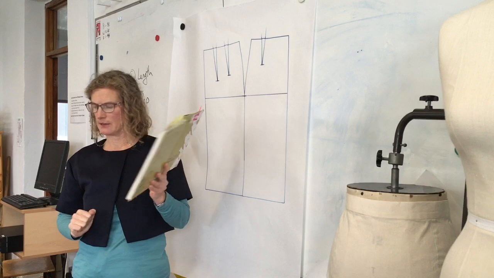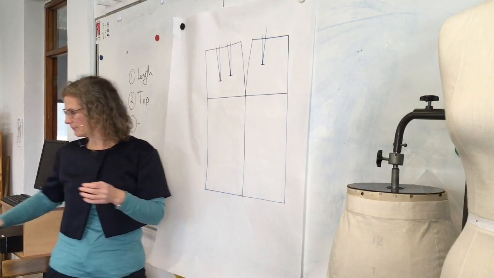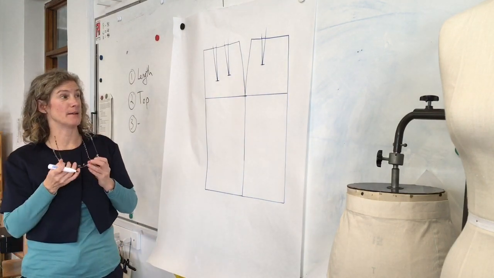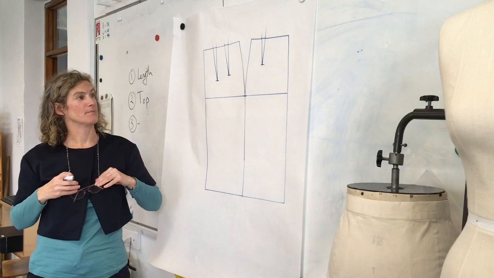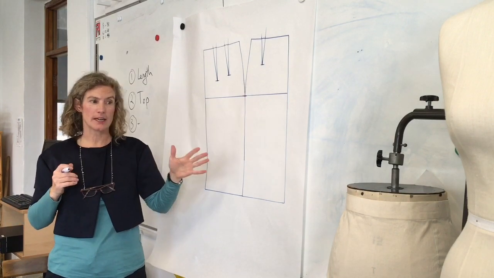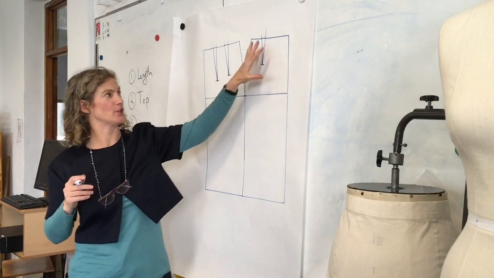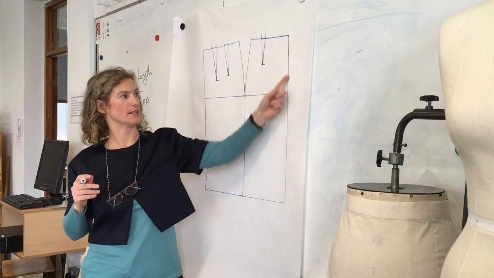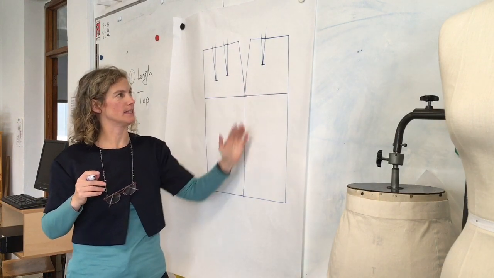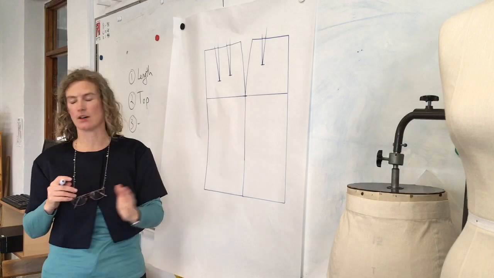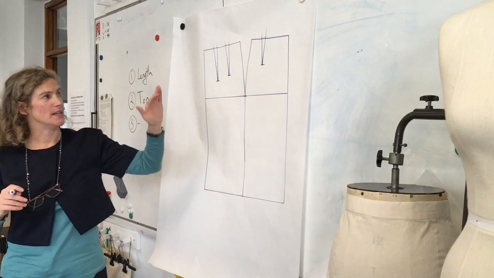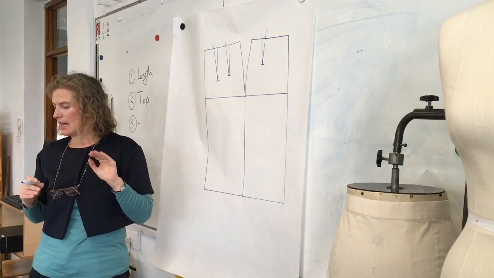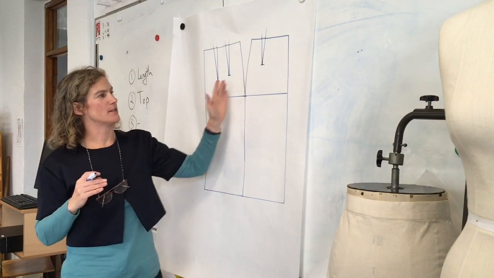Before we start, when we're looking at the blocks, it's important to conceive of what we're looking at. So we've been trying to imagine this is half of the front, that's the center front line, this is our side seam, this is the back, all that stuff, the waist, and there are certain things we can't change.